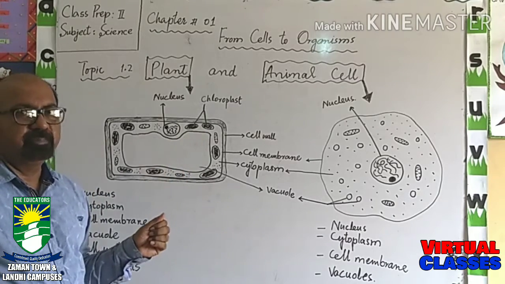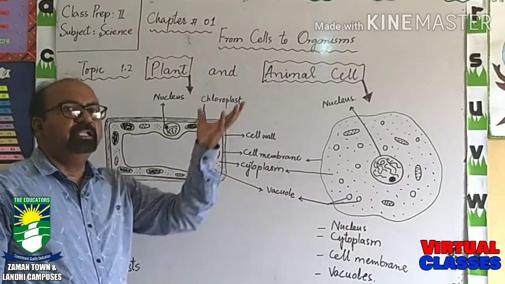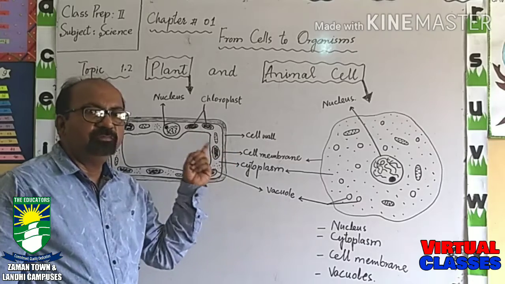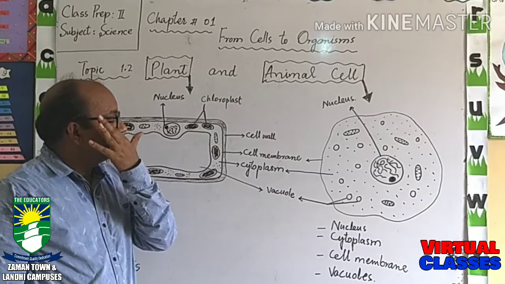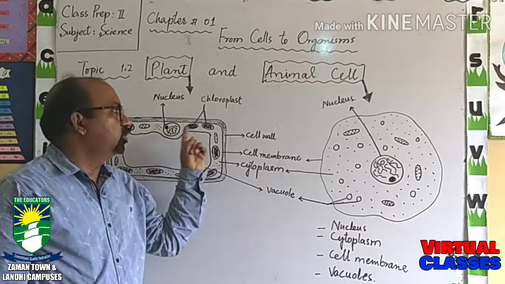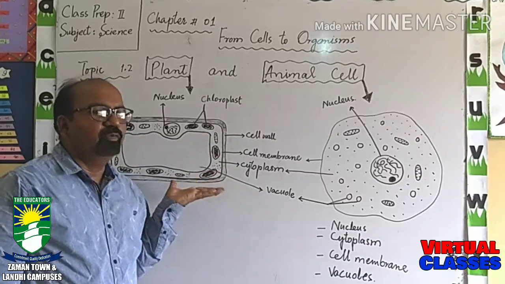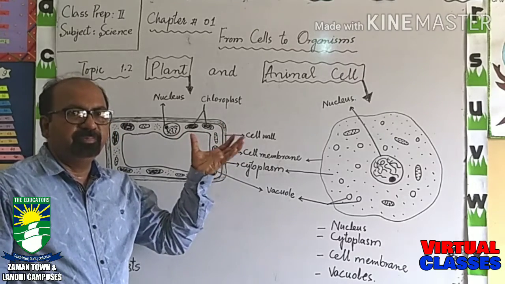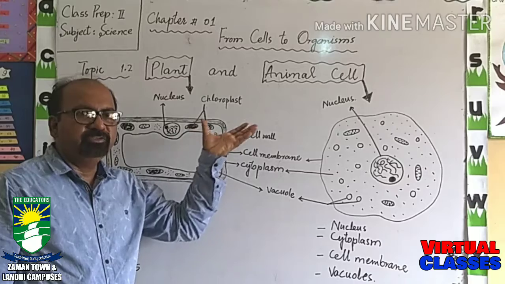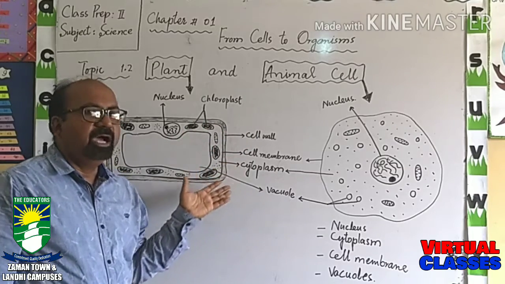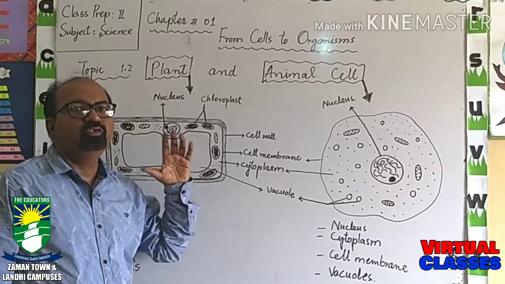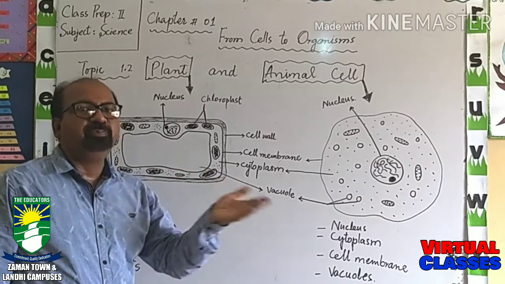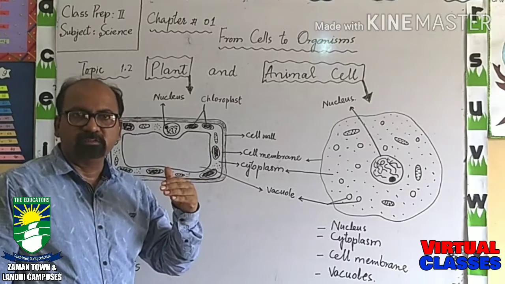And chloroplast. The function of the chloroplast is that they trap the sunlight, and due to the presence of the sunlight and chlorophyll, which is the material with which the chloroplasts are made up of, and the water absorbed by the plant, when they are mixed up in the presence of sunlight, which is trapped by the chloroplast, plant cells are able to produce its food, and the process with which this food is prepared is called photosynthesis.